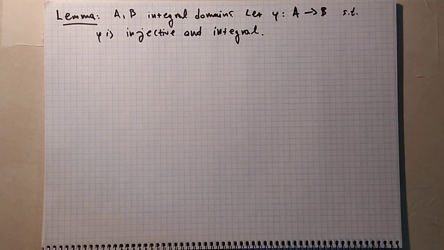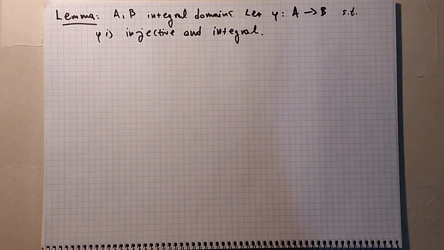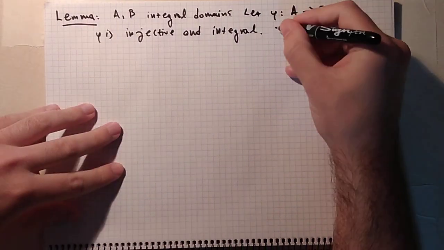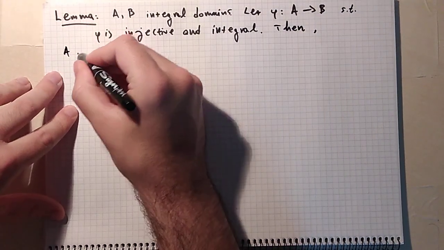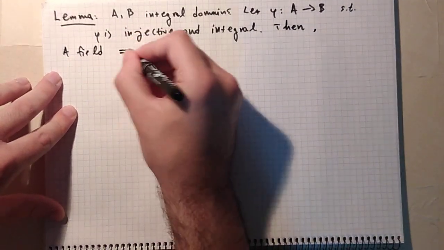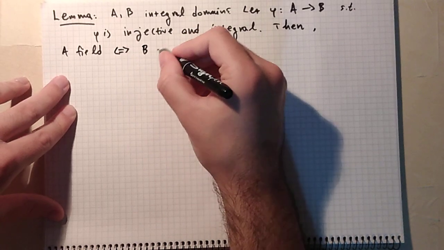Right, so phi is a ring homomorphism, and I furthermore assume that it's injective and it's also integral. So the lemma says that A is a field if and only if B is a field.